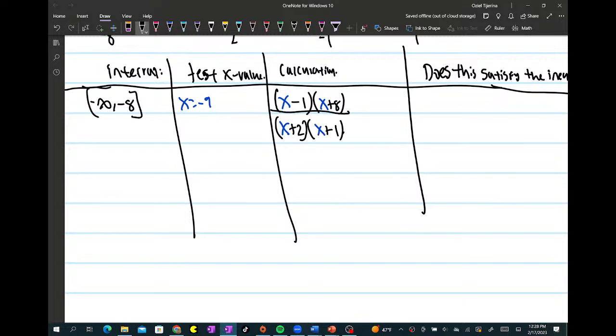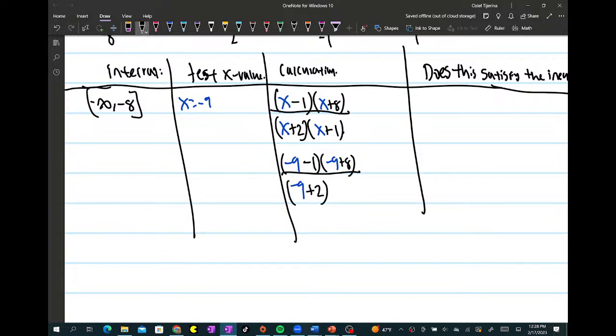And I'm going to calculate x equals negative 9. So I have negative 9 minus 1 times negative 9 plus 8 over negative 9 plus 2.